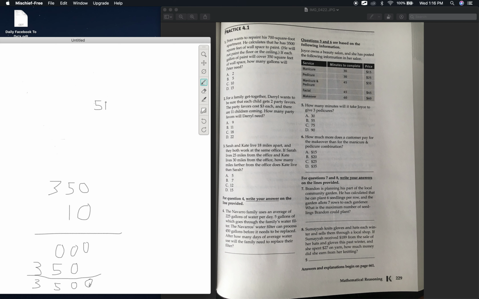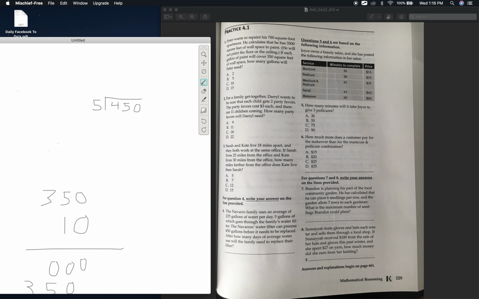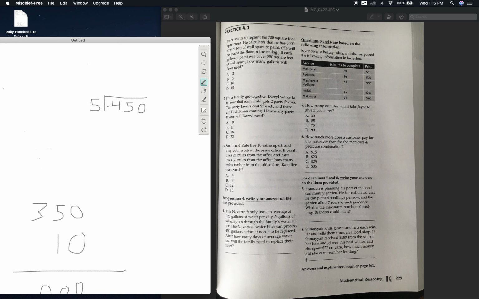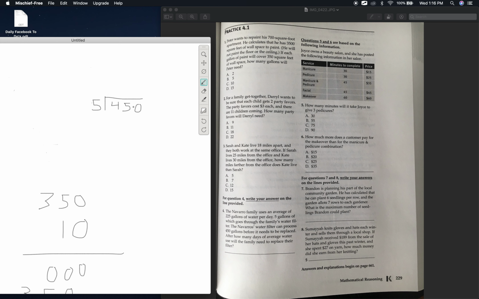5 is the divisor. 450, the dividend, since we've already gone through how to do these. Well, maybe I'll just do it anyways. 5 goes into 45.